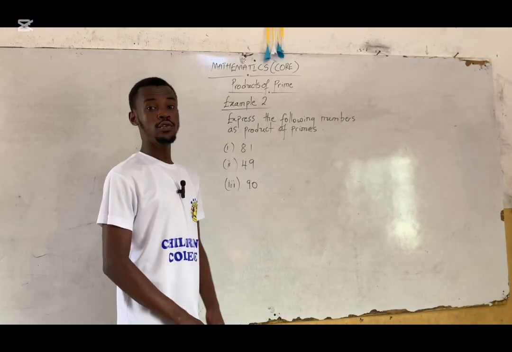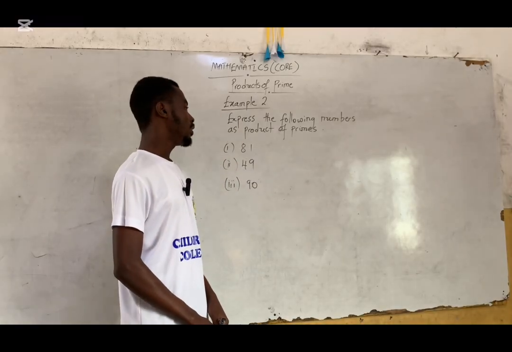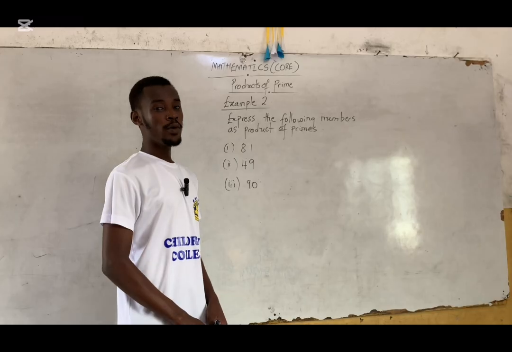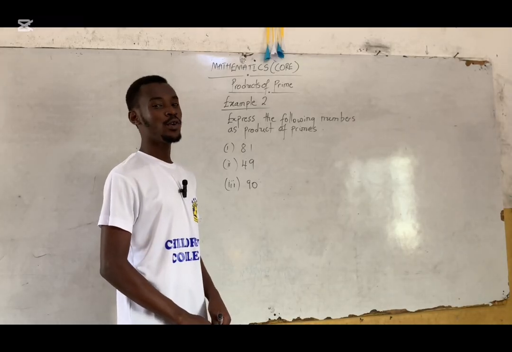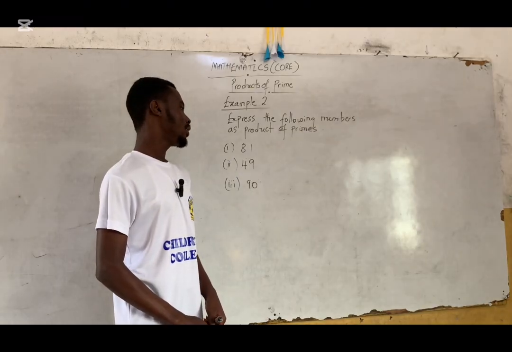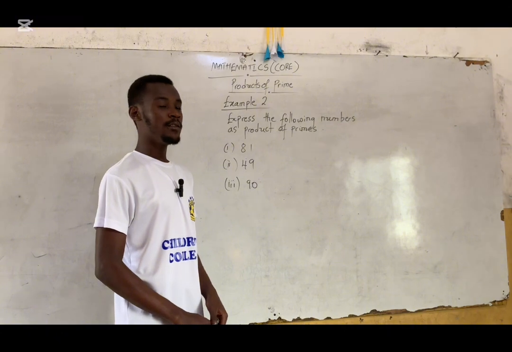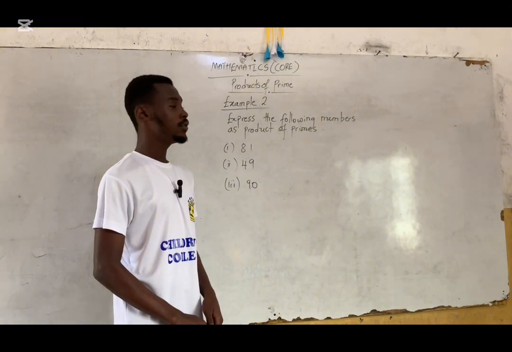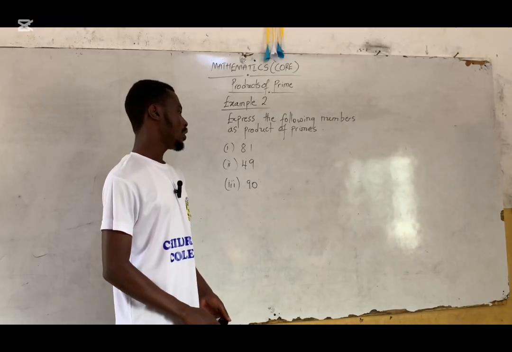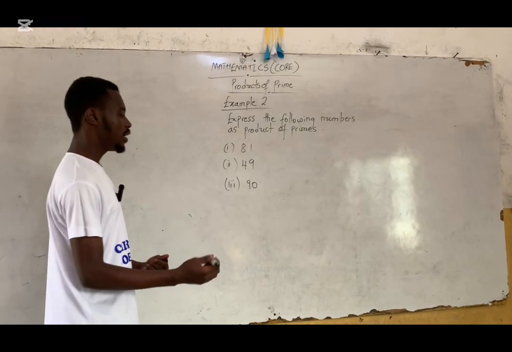You're going to solve example 2 on your own. Now make sure you pause the video and then you solve before you come back to watch the solutions. If you cheat, God is watching you. Alright, so pause the video in 5, 4, 3, 2, 1. Alright, let's look at the solutions.